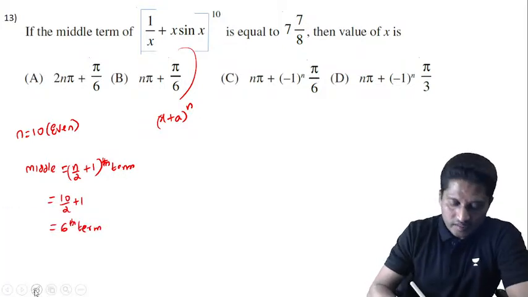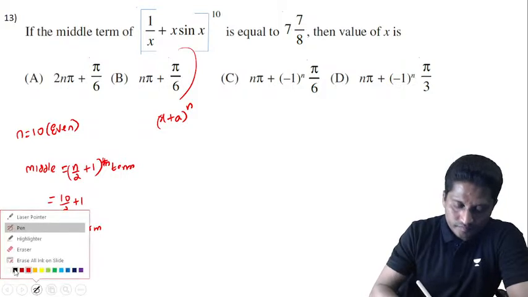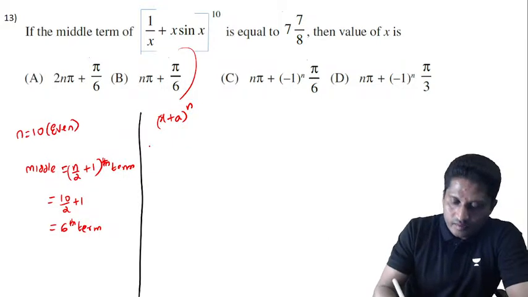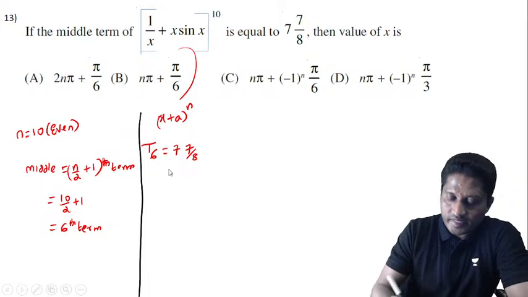Now according to the question, T6 is equal to 7 and 7 by 8.